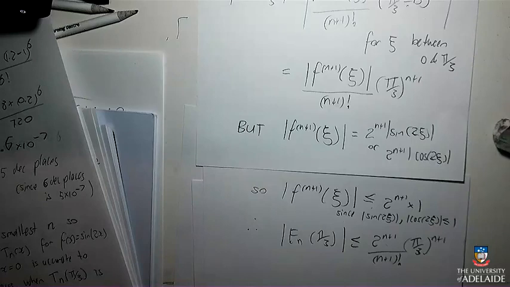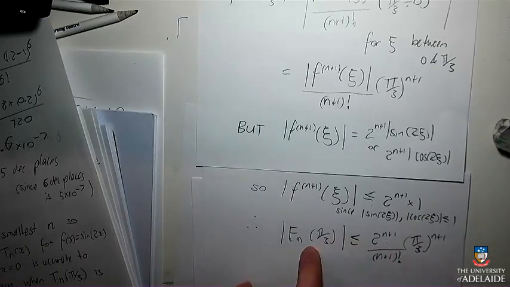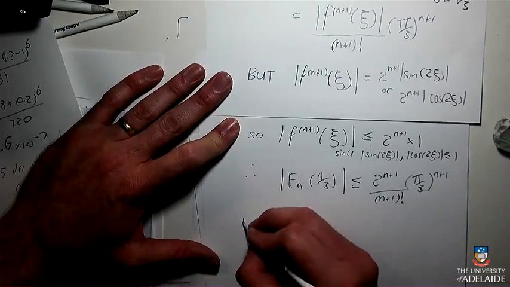Right. So, what this tells me is that I need to arrange for this thing to be less than 3 decimal places worth of difference, and then this will have to be less than that as well. And so I can say this.